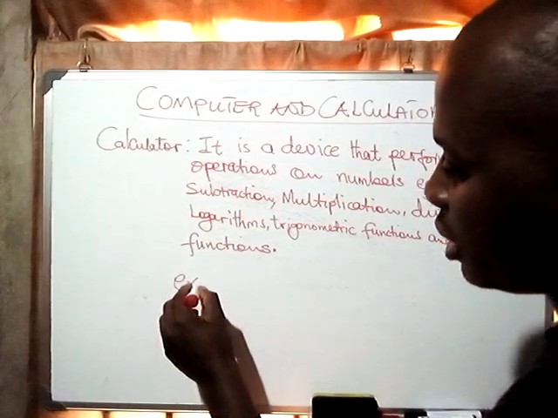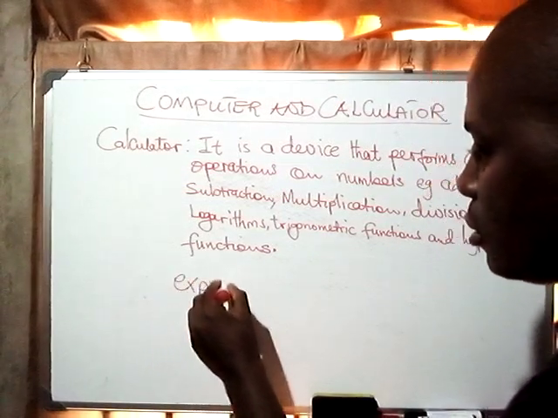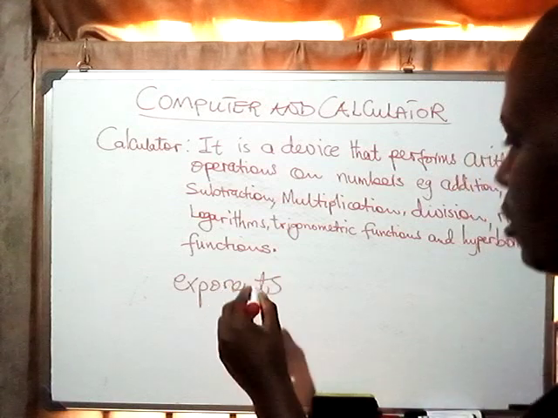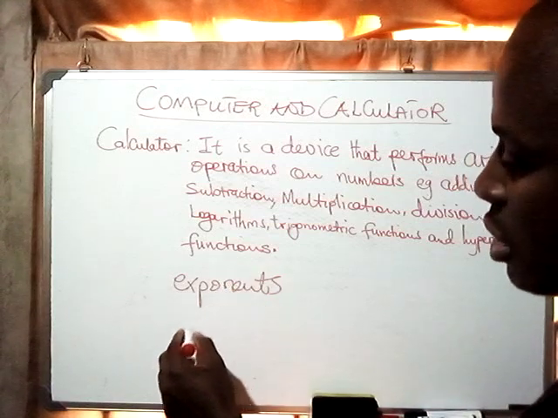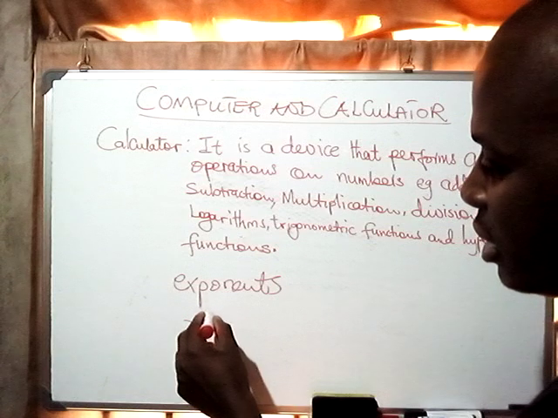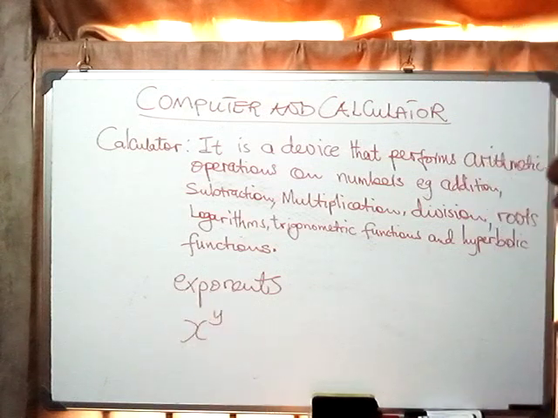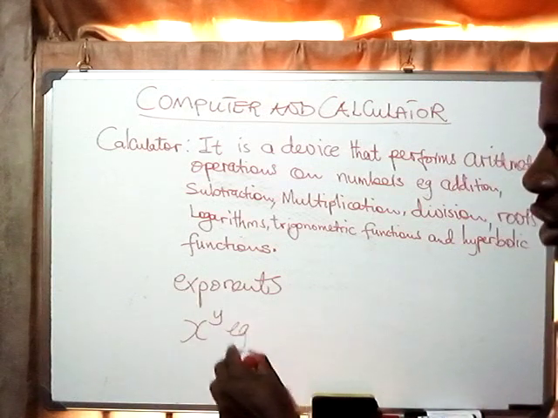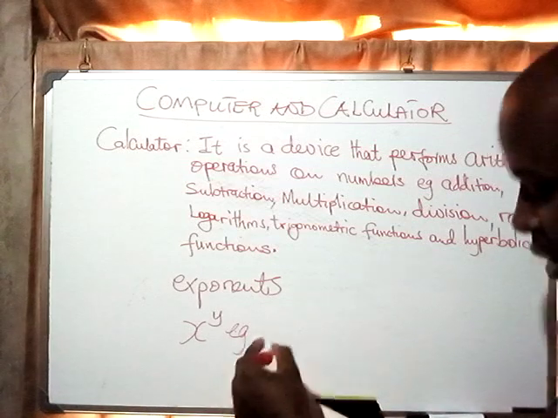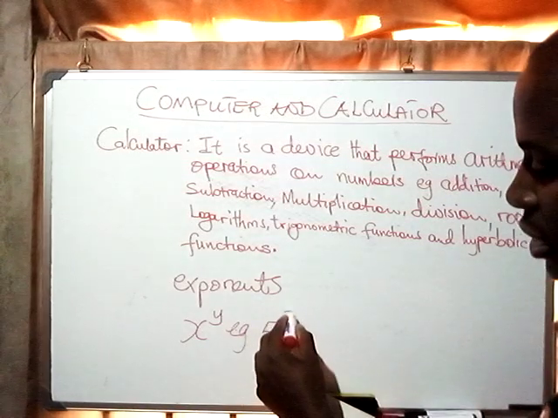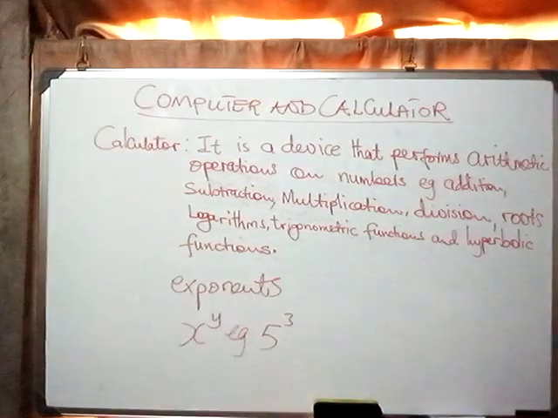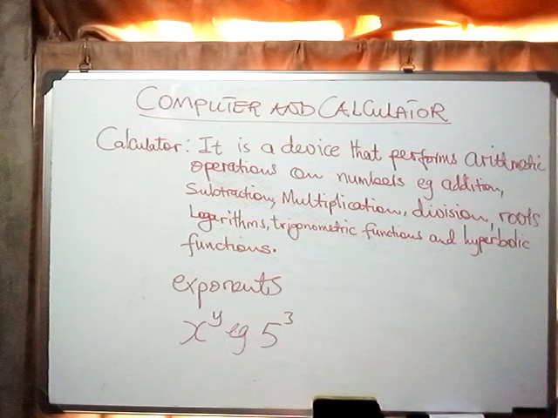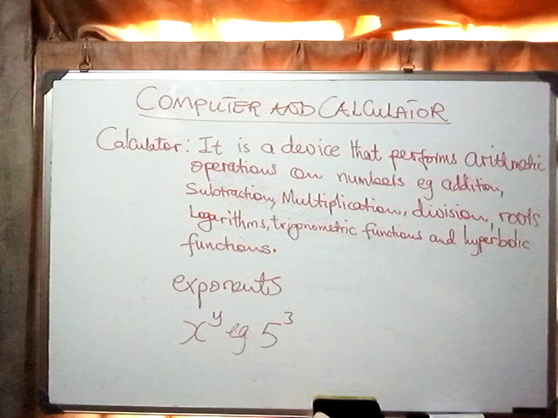So by exponents, we mean things like x to the power y, e.g., we can say 5 to the power 3. These are exponents because there is a base and also an exponent there. These are exponentials.